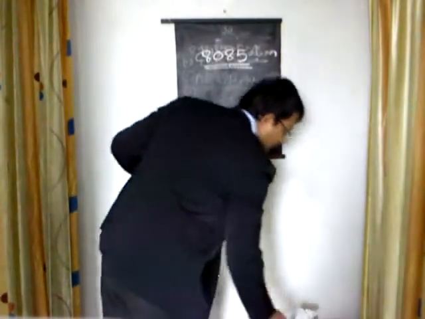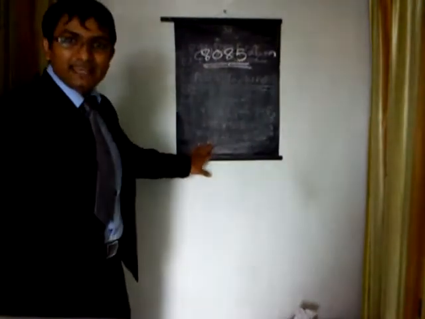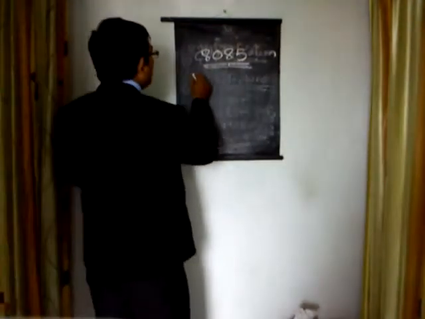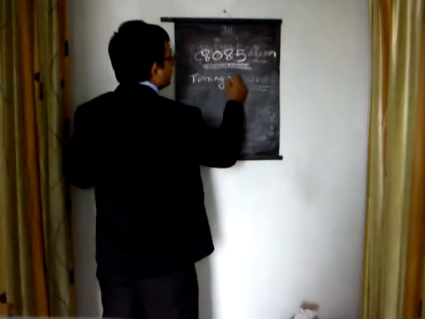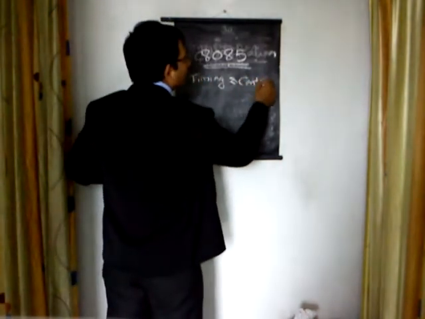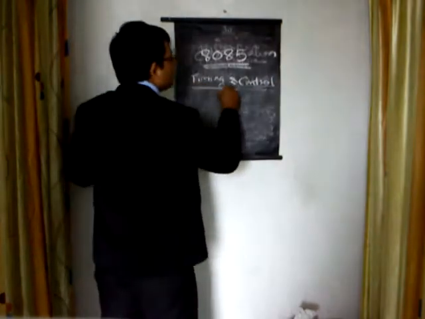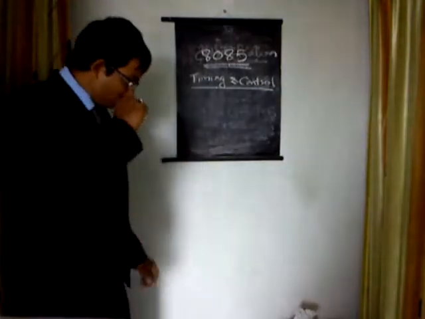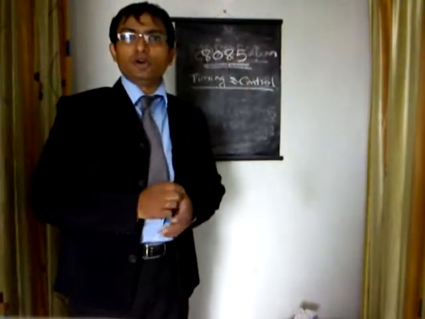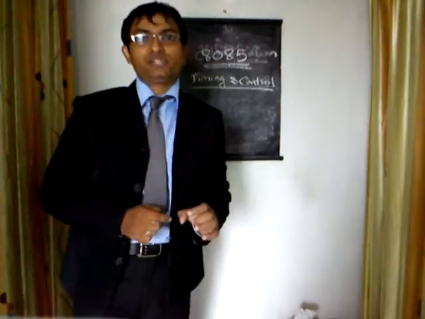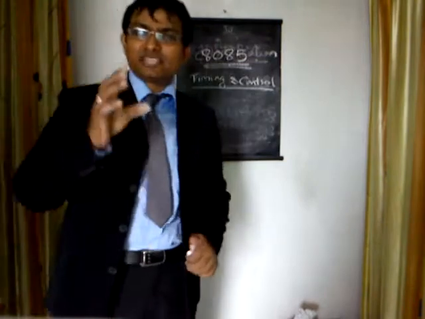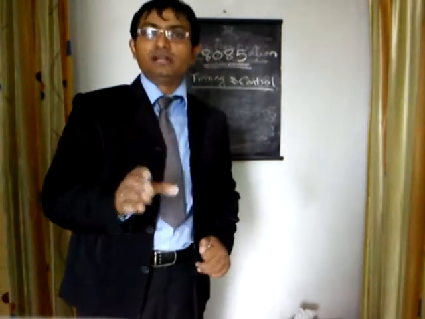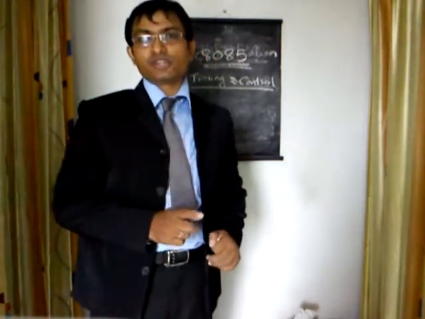The first block I want to explain is the timing and control block. Timing and control block is a very crucial block in the microprocessor. It is responsible for executing the already decoded instructions.